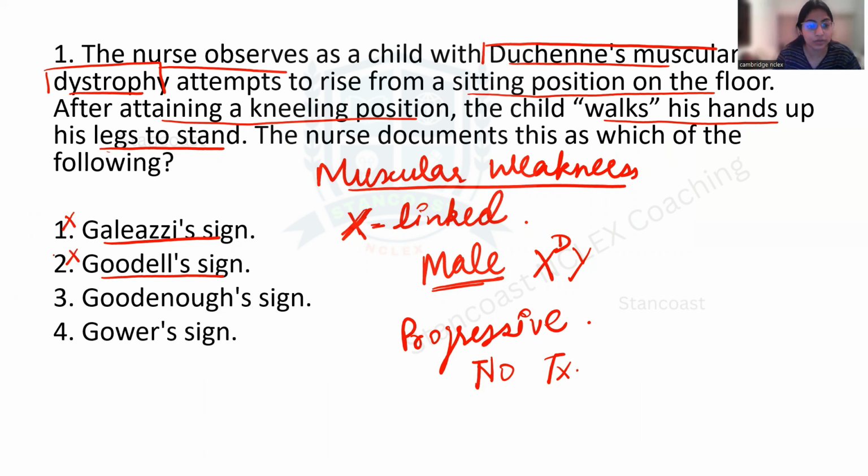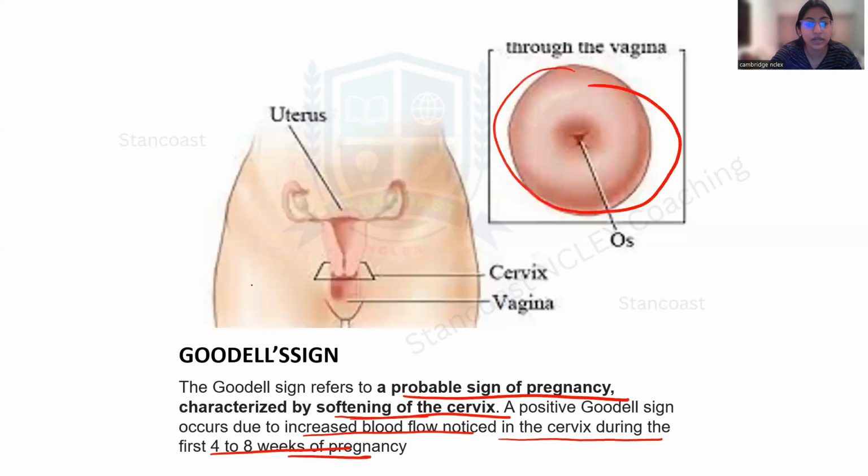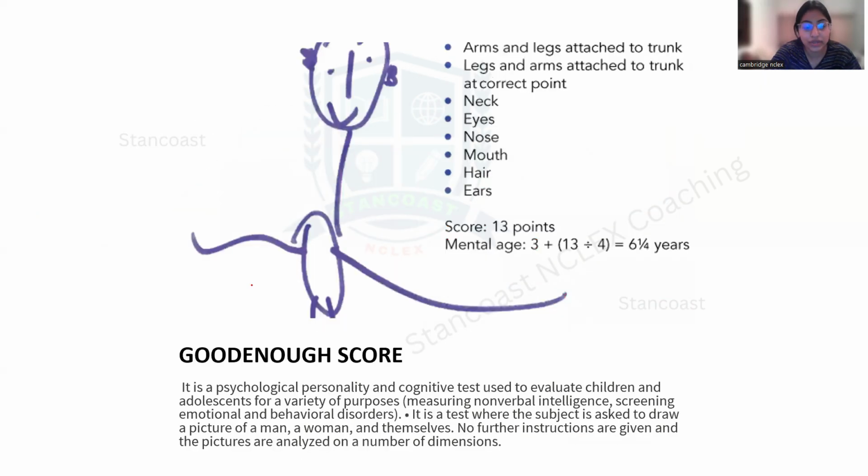Now talking about option 3, the Goodenough sign. Let's see what it is. It is the Goodenough score, which is used in the psychiatry unit. It is a psychological personality and cognitive test used to evaluate children and adolescents for a variety of purposes, measuring nonverbal intelligence and screening emotional and behavioral disorders.